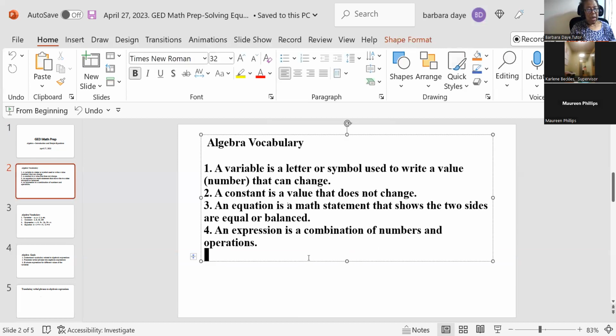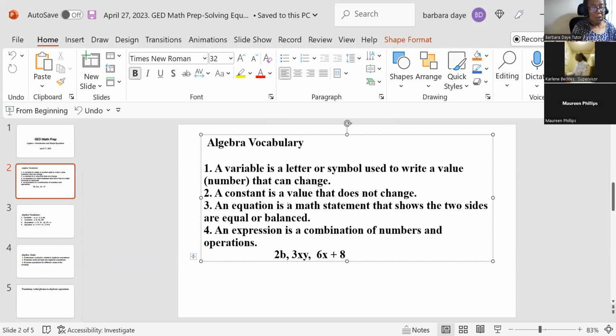So if you had, let me just put here, 2b. That's an expression, right? 3xy. That's an expression. 6x plus 8. That's an expression.